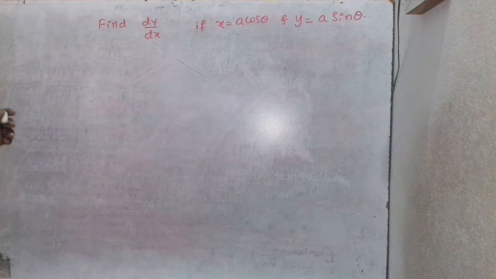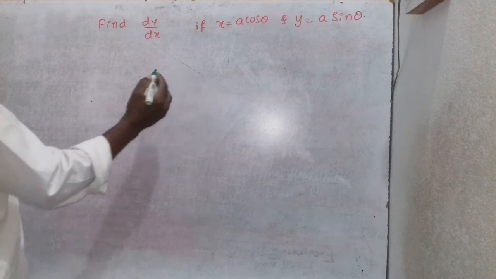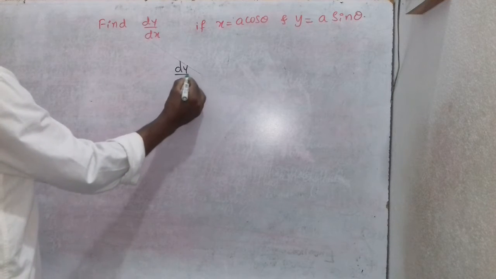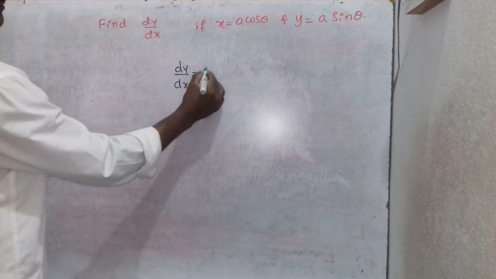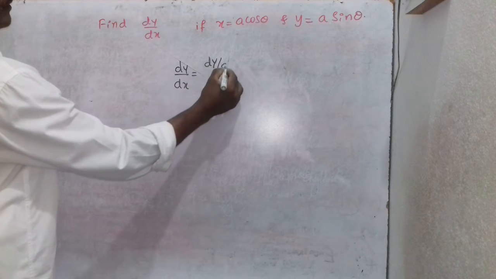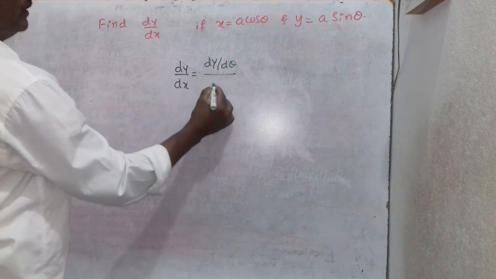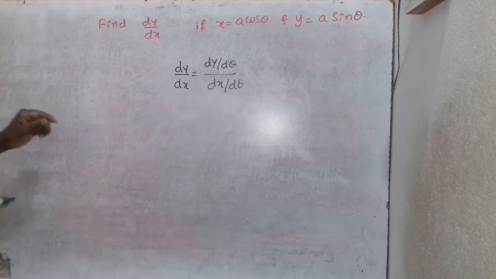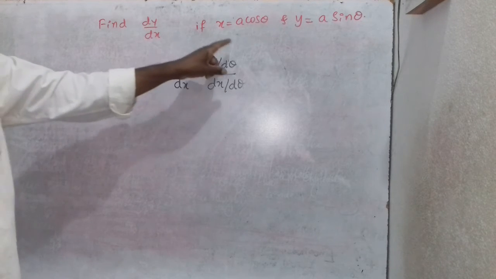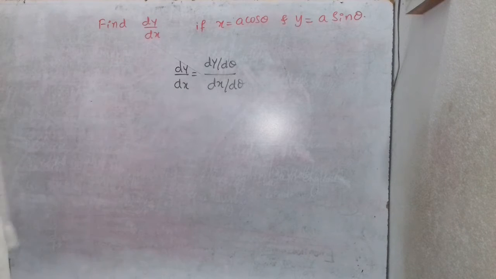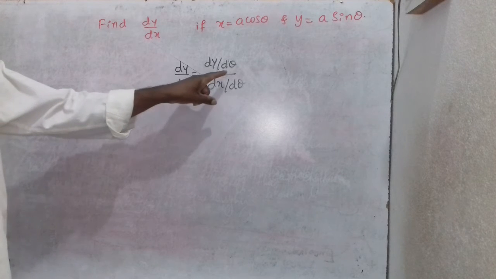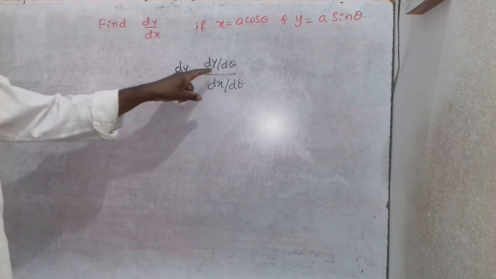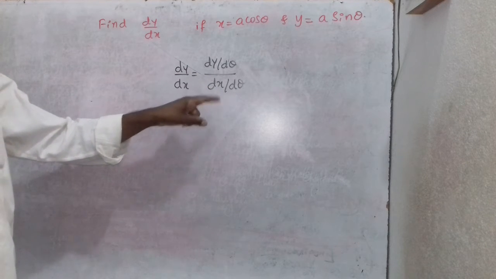The derivative of a parametric function is given by dy by dx equals dy by d theta divided by dx by d theta, if the given parametric equations have the parameter theta.